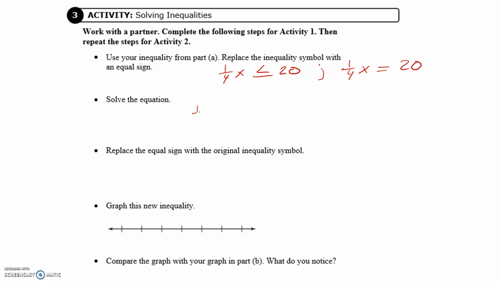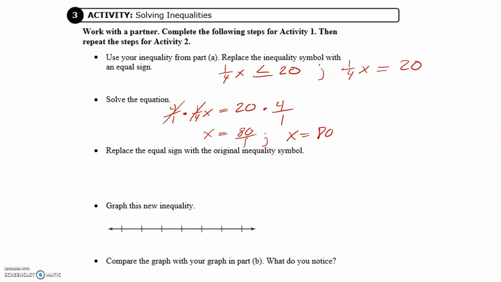So I'm just going to rewrite it. 1/4 x equals 20. Then multiply, remember the inverse operation of 1/4 is to find the reciprocal of the fraction, so times 4 over 1. These cross each other out, so I'm left with x equals 20 times 4 is 80, and 80 divided by 1 is 80.